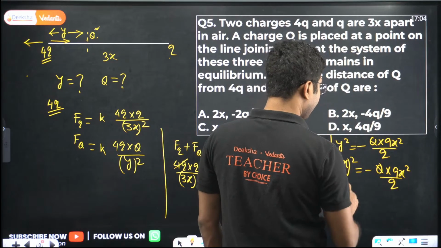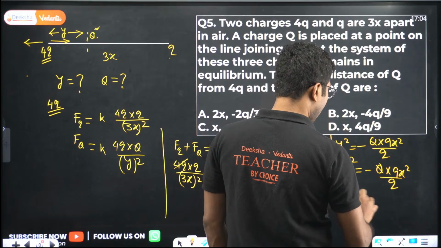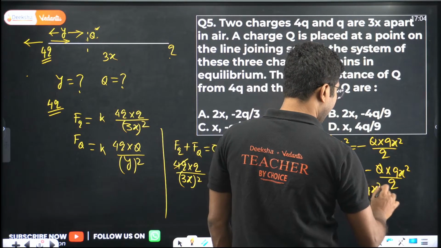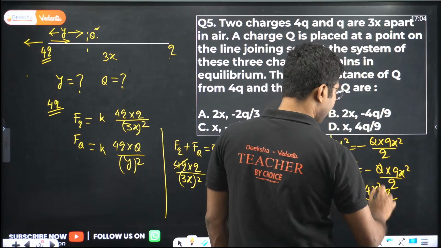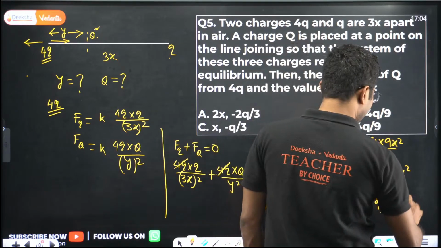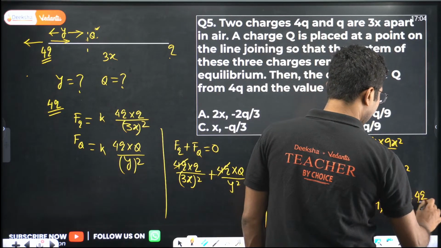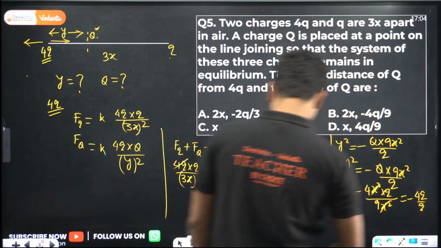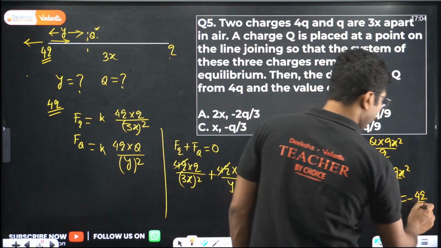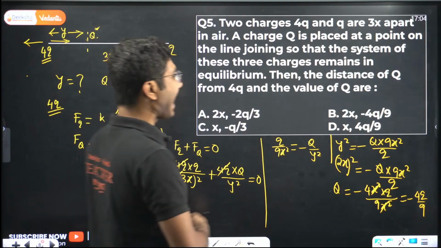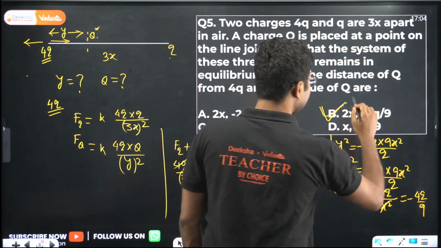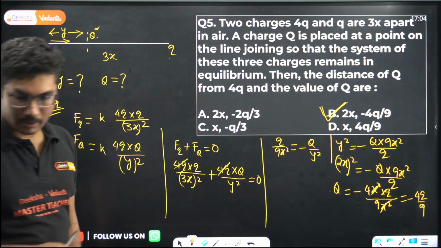So from here we can calculate the value of q, which will be minus 4x square into q by 9x square. X square cancels, and we get minus 4q by 9. Minus 4q by 9 and 2x is the distance. So correct answer is option B.